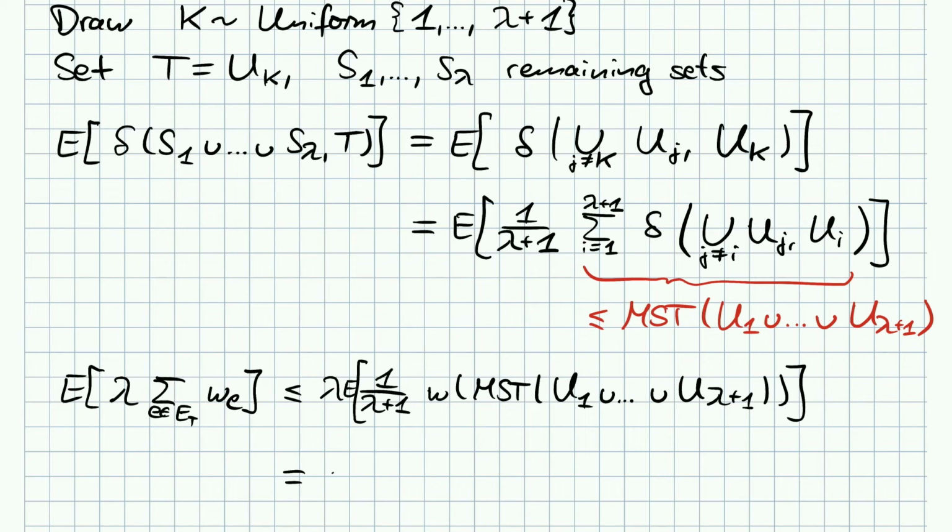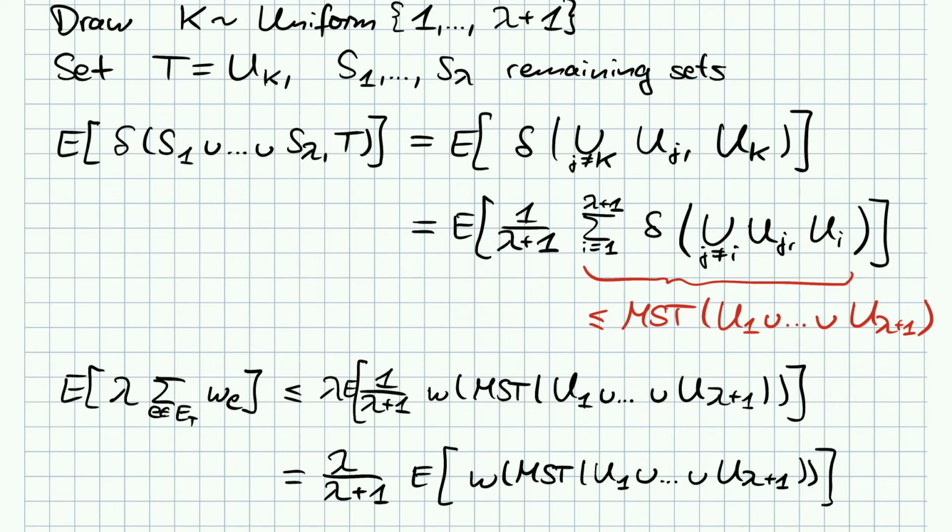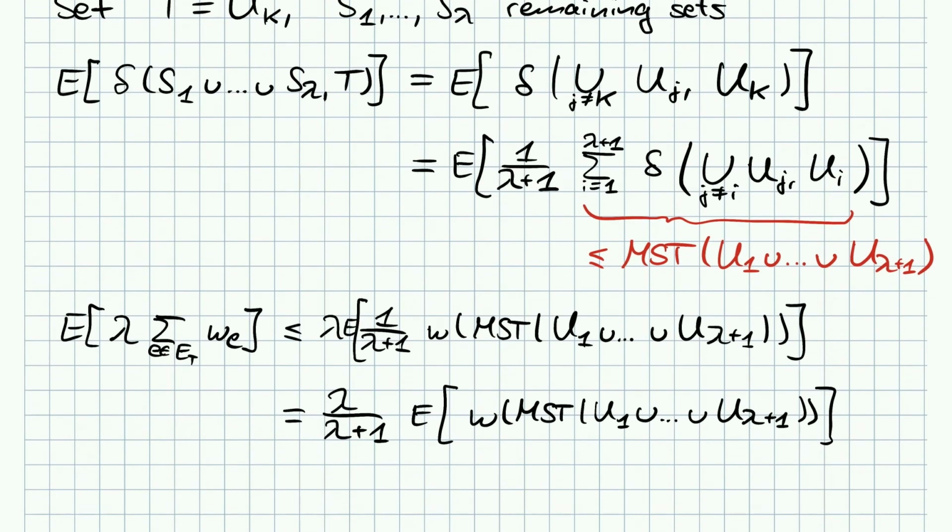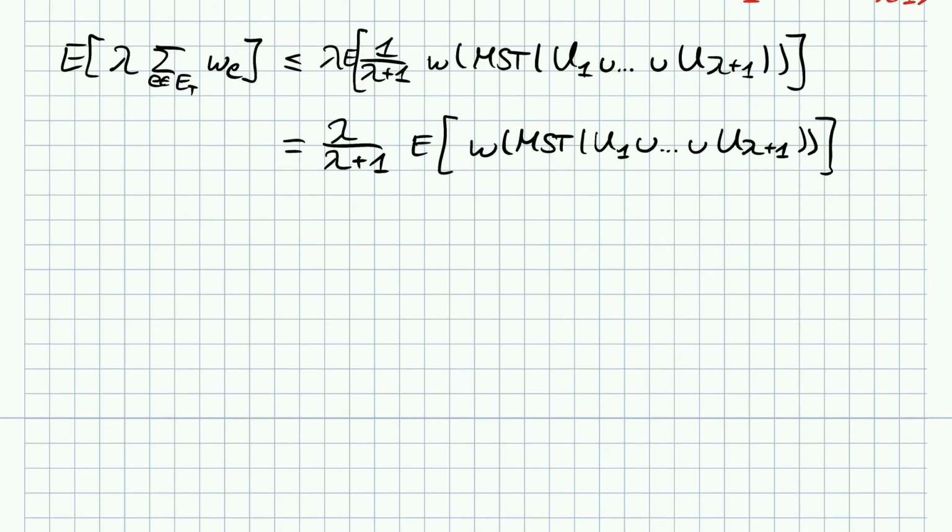So I have lambda over lambda plus 1 times the expected weight of a minimum spanning tree on U1 union and so on union U lambda plus 1, where all of these are draws from our probability distribution, which determines the terminals. So how big is this?